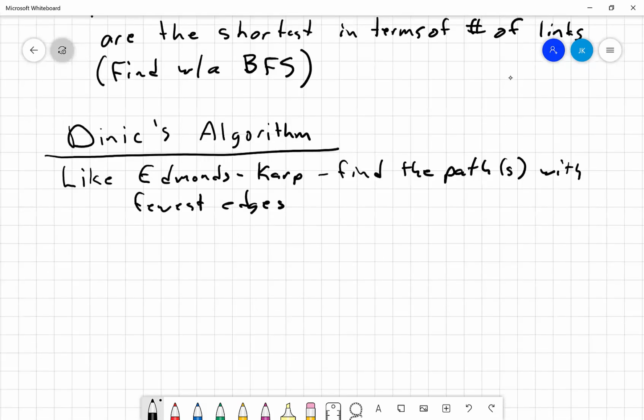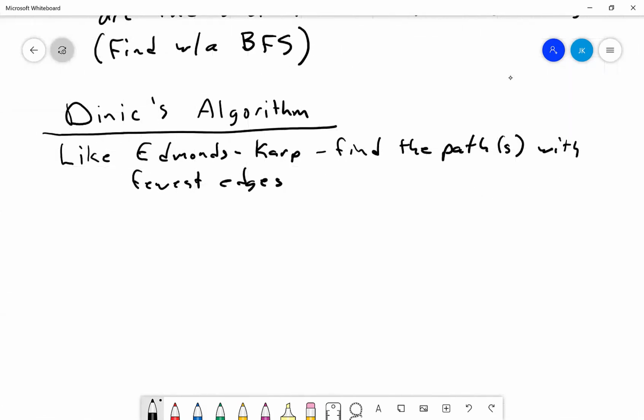And then you form something called a blocking flow along that path, just among those paths.